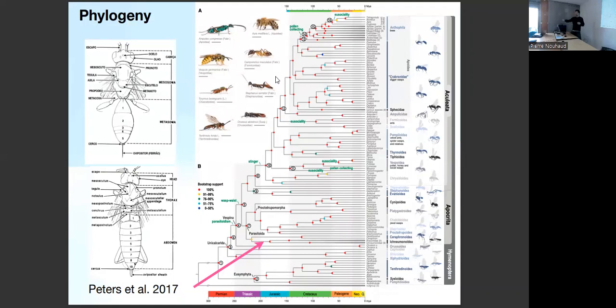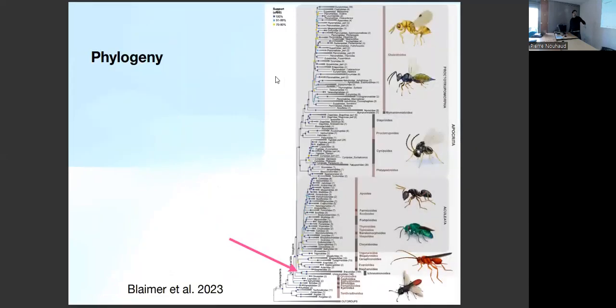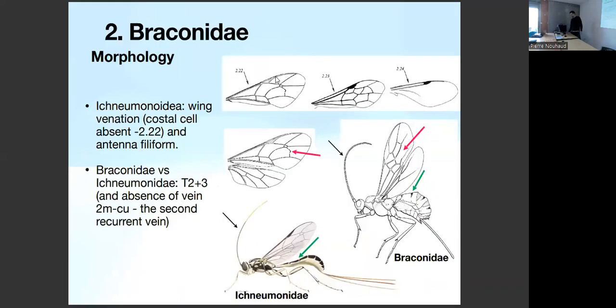So they have this long history of evolution, and many of the species are in this group. So they're really successful in diversifying. I think this makes them even more interesting than the other groups.